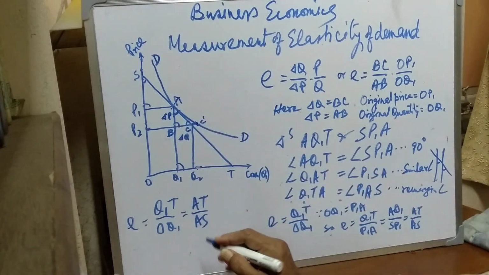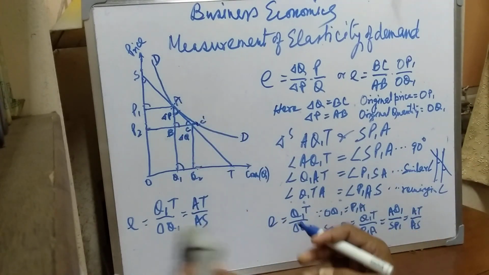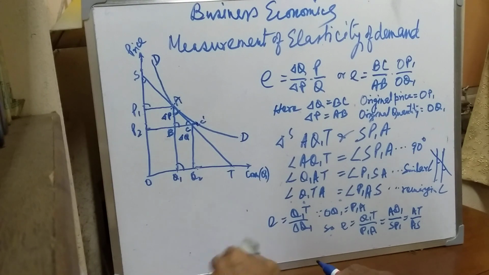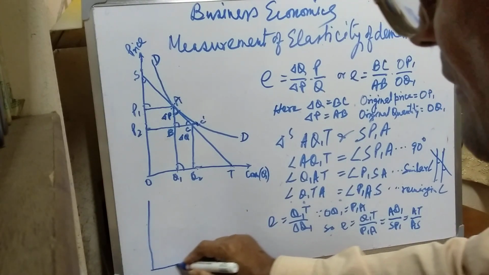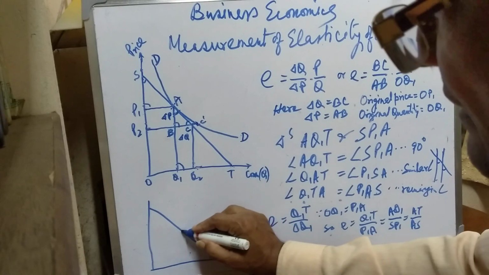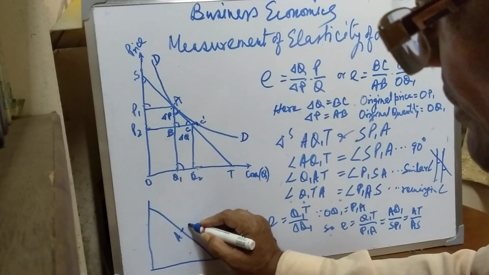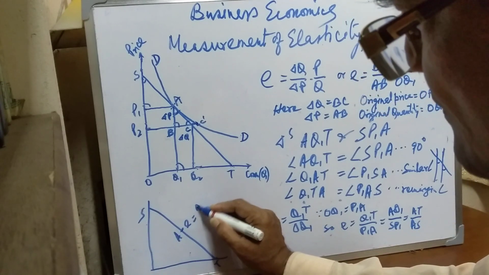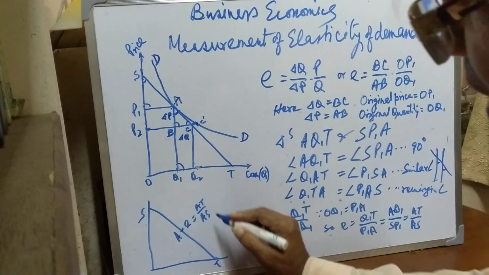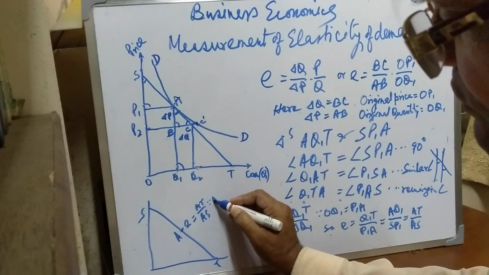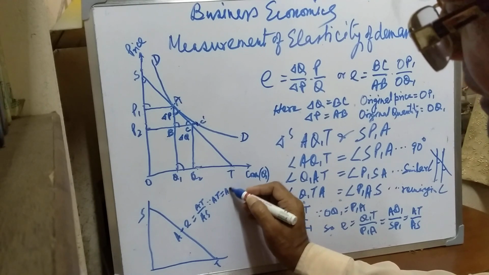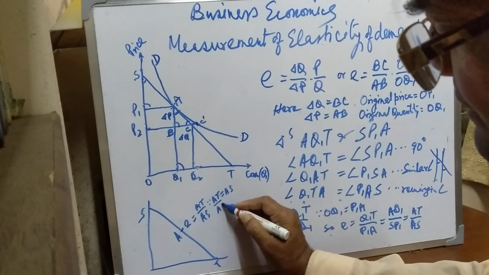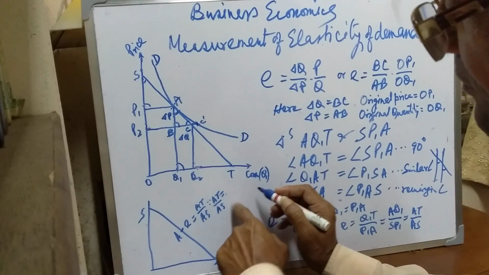We measure elasticity at any point on a straight line demand curve. Elasticity will be the lower segment of that point divided by the upper segment of that point. At point A, elasticity will be AT by AS. As AT equals AS, it will be 1.